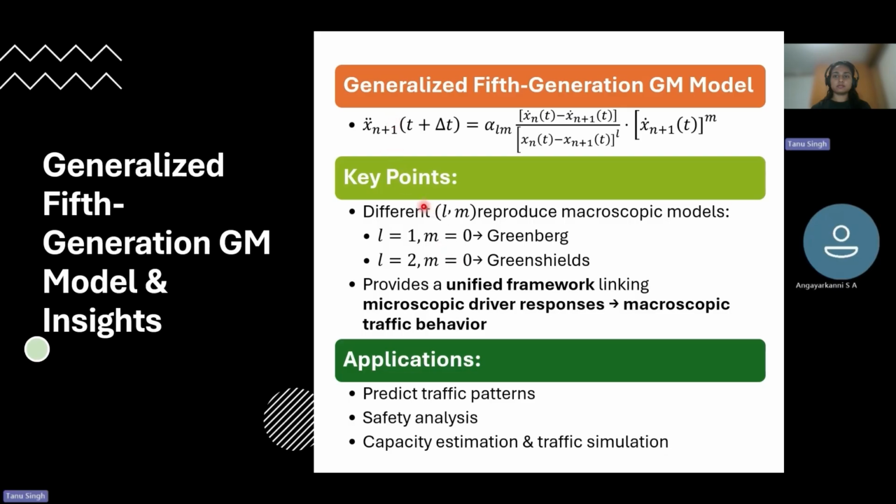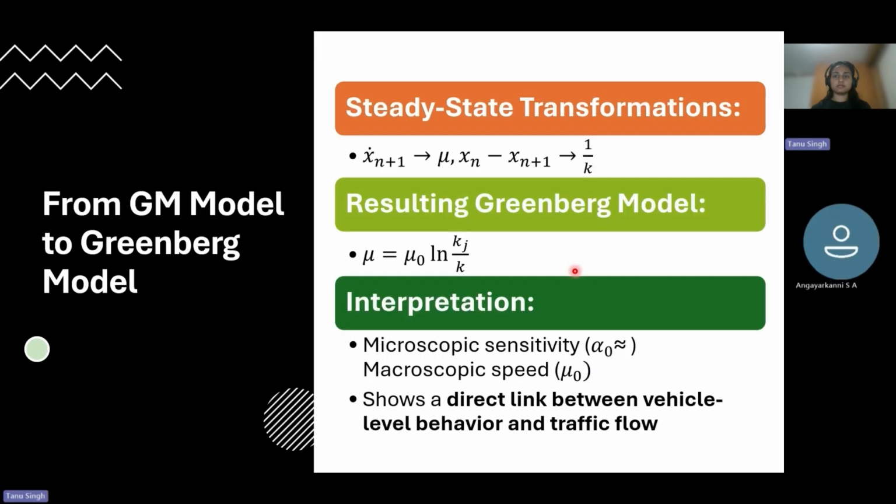If we keep l equal to 1 and m equal to 0, we get Greenberg's model. Whereas if we keep l equal to 2 and m equal to 0, we get the Greenshield model. We only have to pay attention that the speed of the following vehicle becomes the macroscopic speed, and the spacing difference is 1 by k.